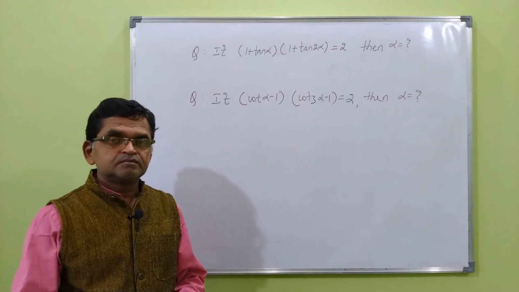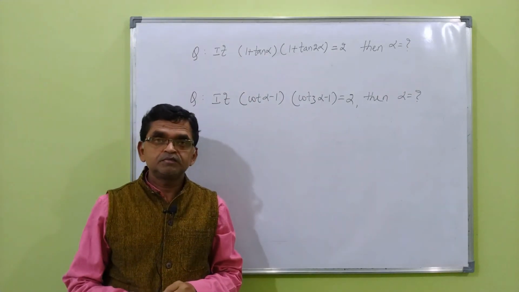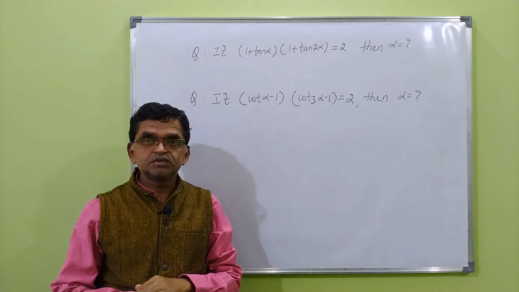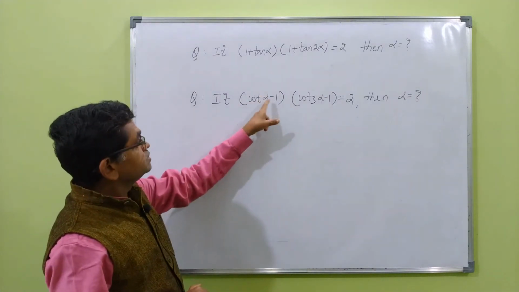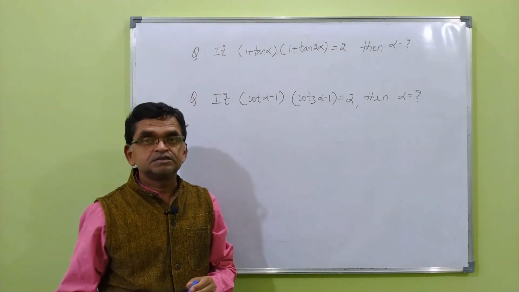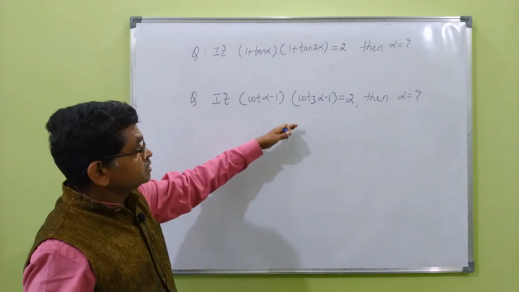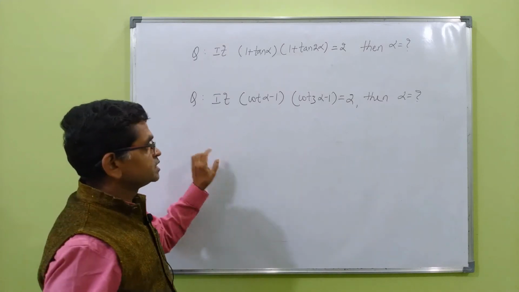See, another interesting example: if (1 + tan α)(1 + tan 2α) is equal to 2, then find α. Or (cot α - 1)(cot 3α - 1) is equal to 2, then find this. If you know the rule, then this will be very easy to solve within a few seconds.